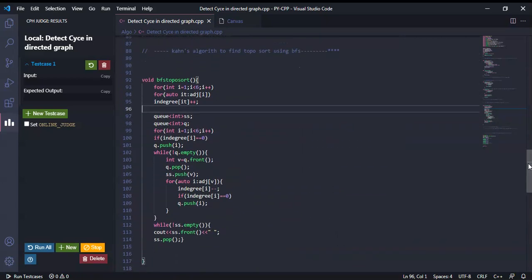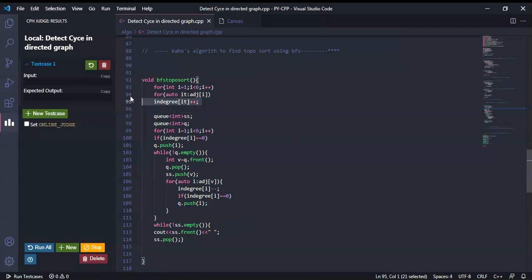Here is my code. I have created the BFS topo sort. First of all, I have run a loop from 1 to 6, with nodes from 1 to 5, and for each vertex I store their indexes.